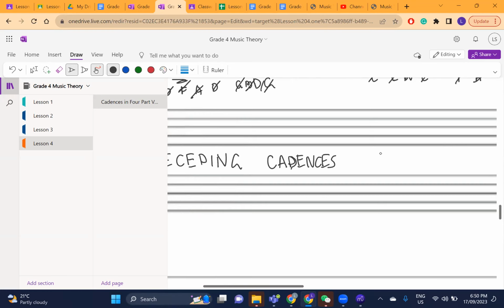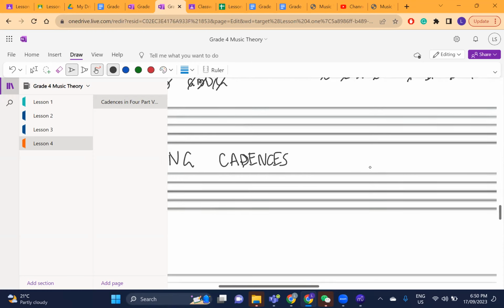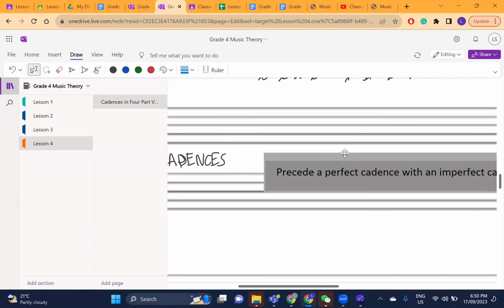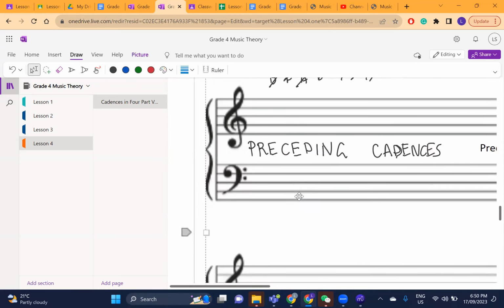Preceding cadences. Here's a trick. Precede a perfect cadence with an imperfect cadence. And that looks like this.